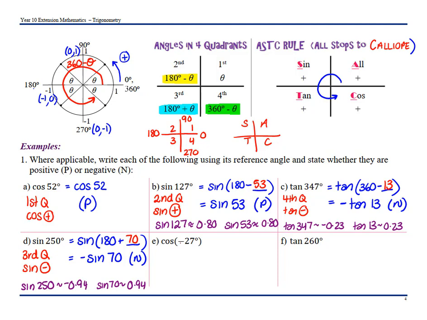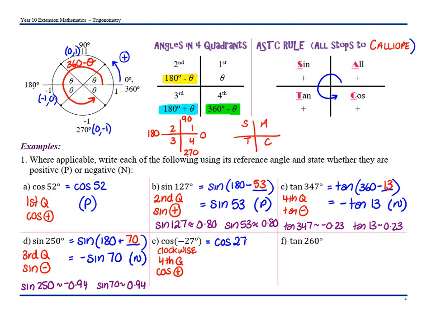Next one, cos of negative 27. Negative 27 means that I'm going clockwise, so I'm in my fourth quadrant. So cos is going to be positive. In terms of our first quadrant, it's just going to be equal to cos of 27.